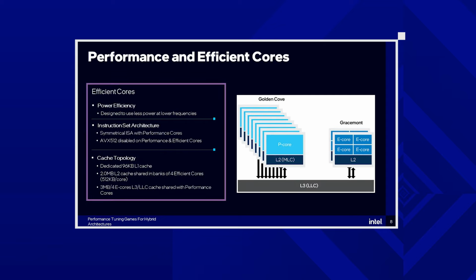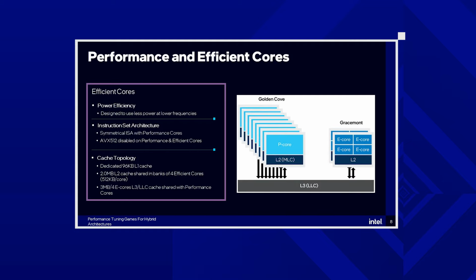Efficient cores are designed for power efficiency. They're designed to use less power at lower frequencies for less critical work. The instruction set architecture is symmetric with the P cores. So AVX512 is disabled on P cores and E cores, and SSE and AVX2 are available on both the Golden Cove and Gracemont cores. The cache topology of the E cores is a little bit different.